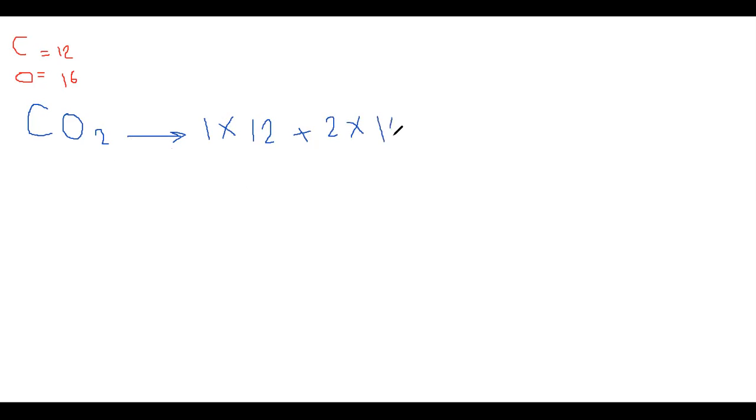So 1 times 12 from carbon plus 2 times 16 from oxygen gas. So it will produce 12 plus 32 equals what? 44 grams.